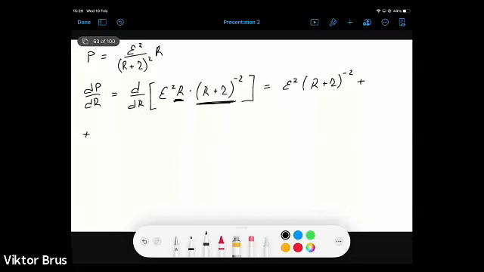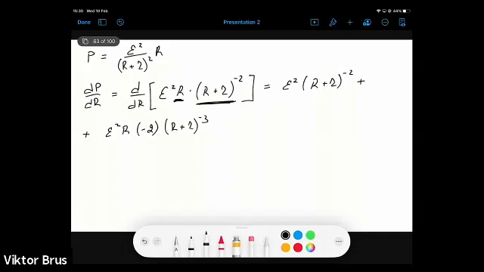So it will be epsilon square times R times -2 times (R plus r) in the power of -3.